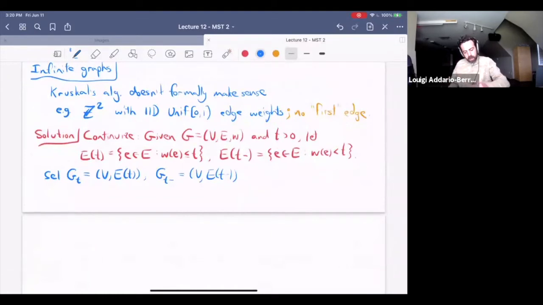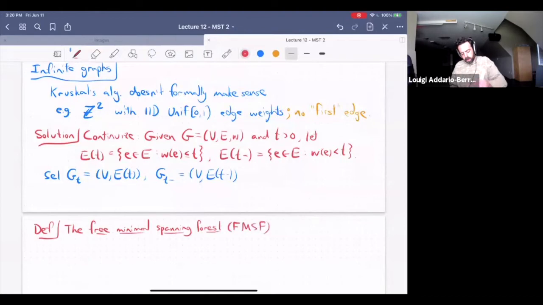Which generalizes Kruskal. So we'll define what's called the free minimal spanning forest. This is the subgraph of G whose edge set is just what I said in words.